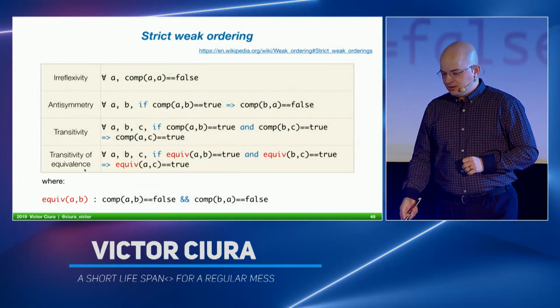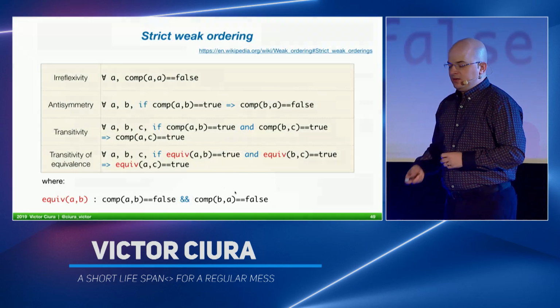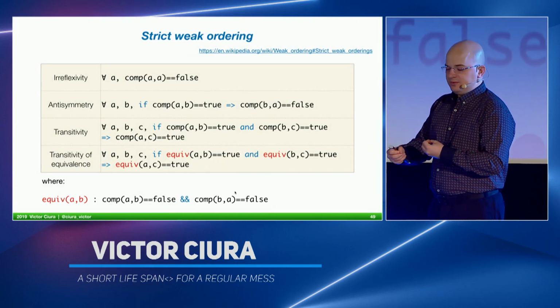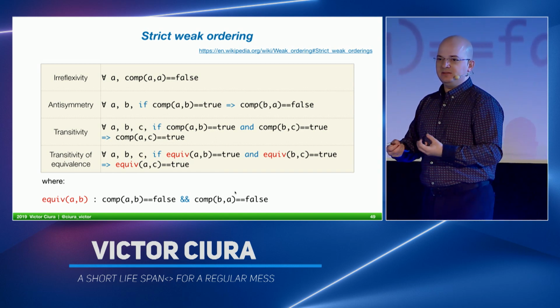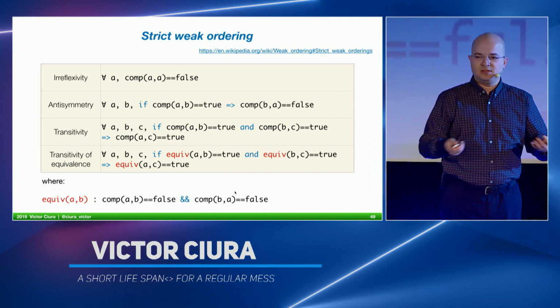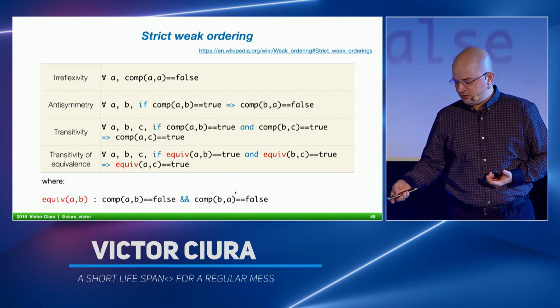the equivalence relations. The equivalence relation is when we cannot say if A goes before B or B goes before A. In that situation, we're saying that it's an equivalence relation with regards to those values.